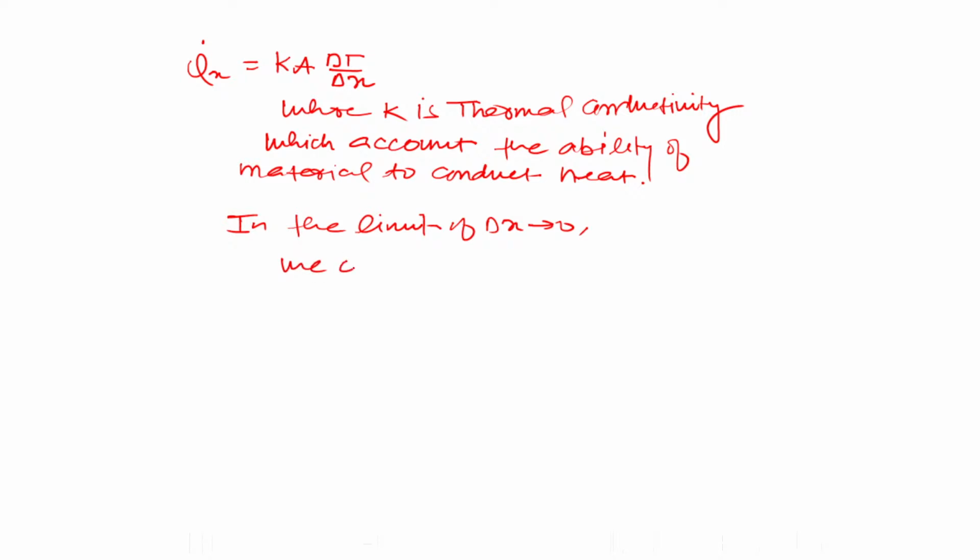Then we obtain the heat rate as Q dot x is equal to minus K A into dT upon dx. Delta becomes d. dT upon dx is a differential change. In how much distance? In dx length, the change is dT. Clear?